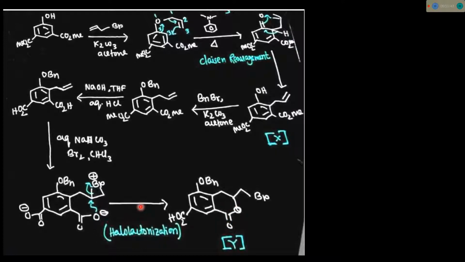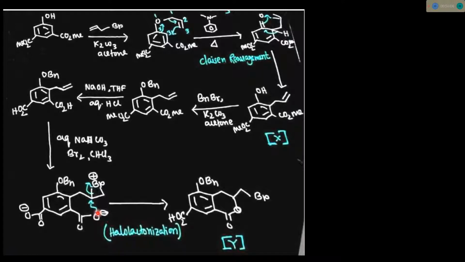I already told you in our second or third question that a 5-membered lactone is more stable than a 6-membered lactone, but here there is the possibility of 6-membered lactone formation or 7-membered lactone formation.